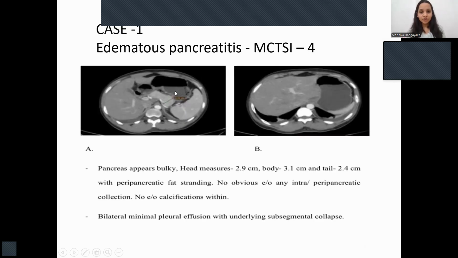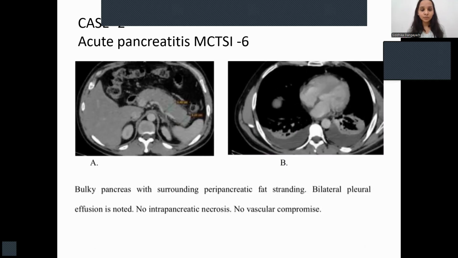Case 1. Here we can see the patient presented to us with a bulky pancreas with mild peripancreatic fat stranding and minimal pleural effusion. It was found to be edematous pancreatitis with a modified CT severity score of 4. Second case, where we can see a bulky pancreas with peripancreatic fat stranding and bilateral pleural effusion.